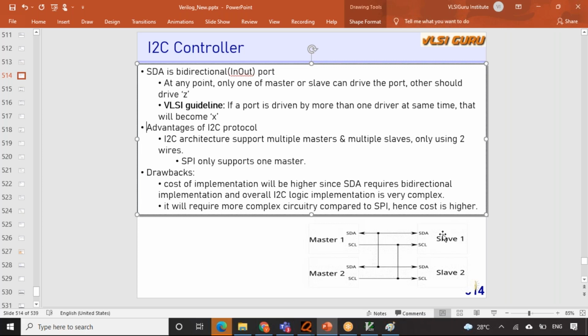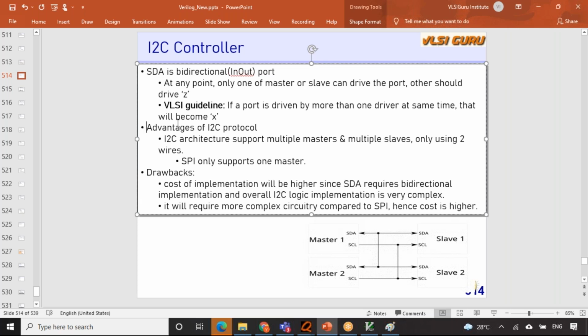If the Z concept is not there, it means that both of them are driving something. If both of them are driving something, that SDA will go to unknown value. It won't go to Z, it will go to X value. So that is what, if a port is driven by more than one driver at the same time, that will become X. This is where the I2C controller programming becomes complex.